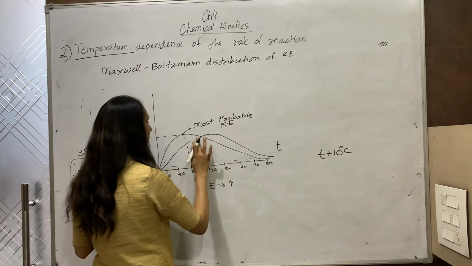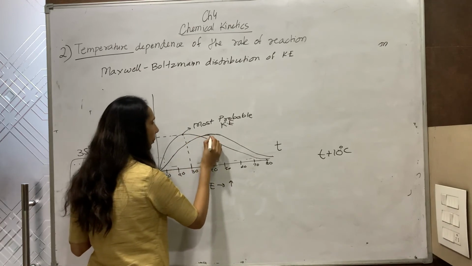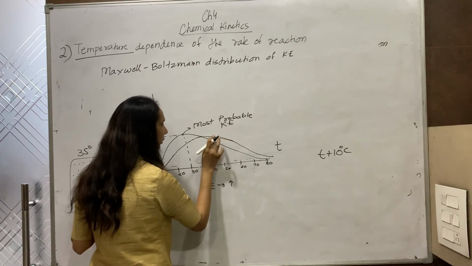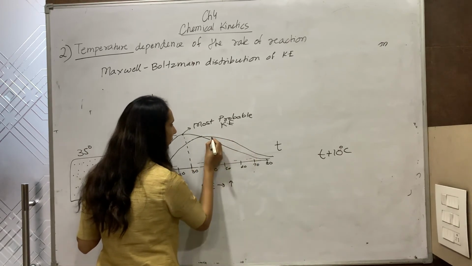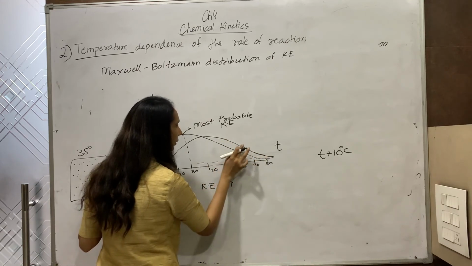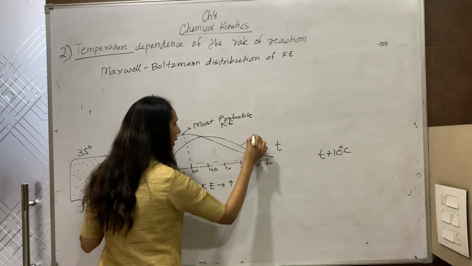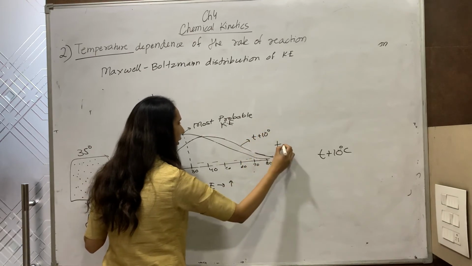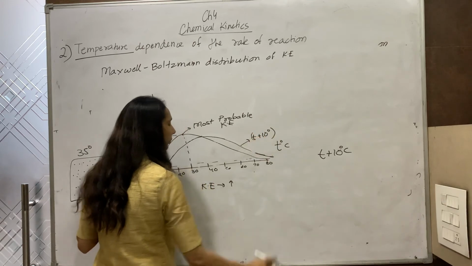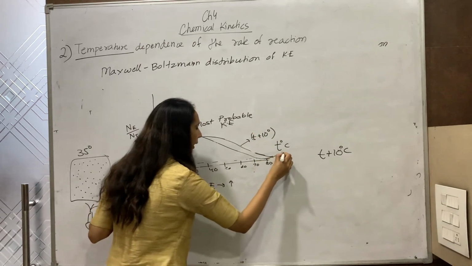This is the graph at T plus 10 degrees centigrade, and this graph is at T degrees centigrade.